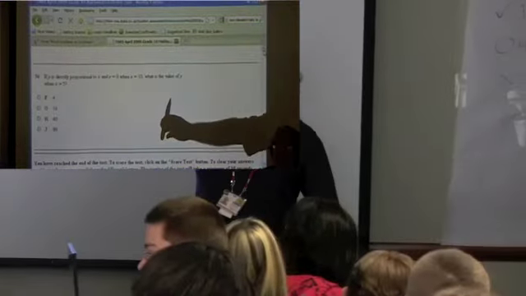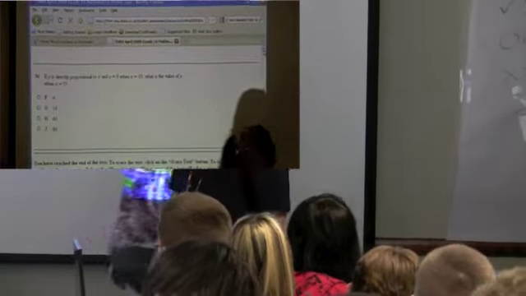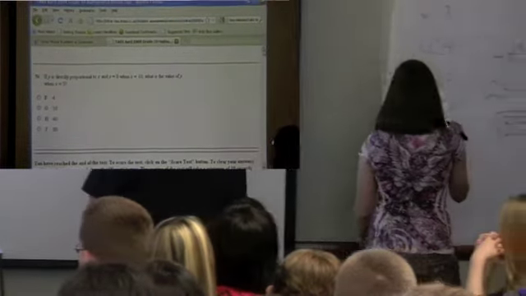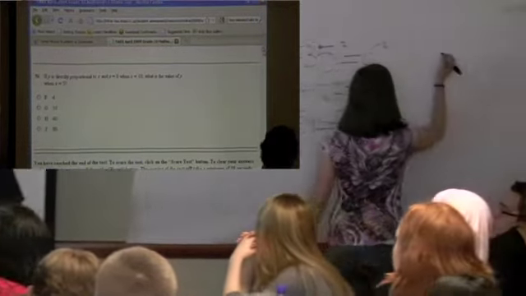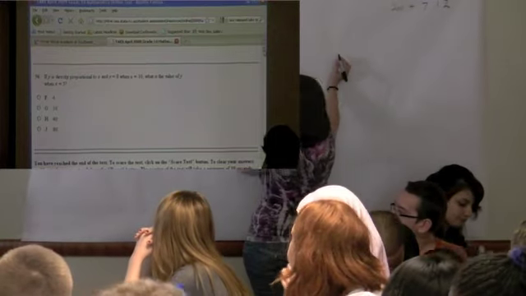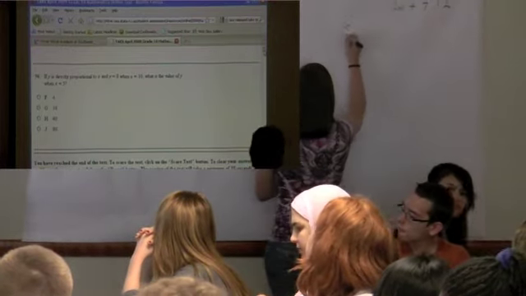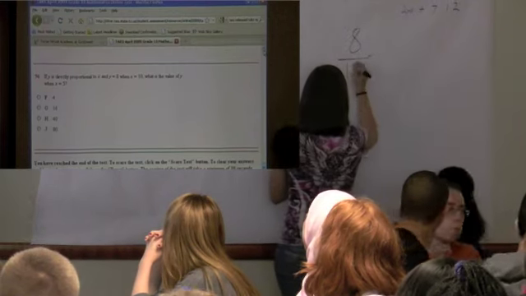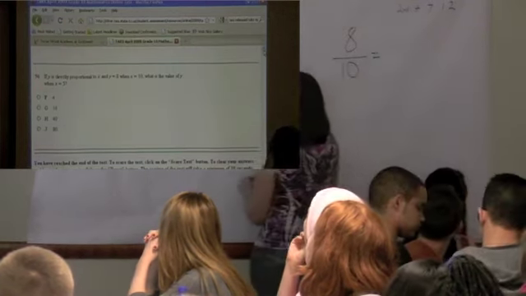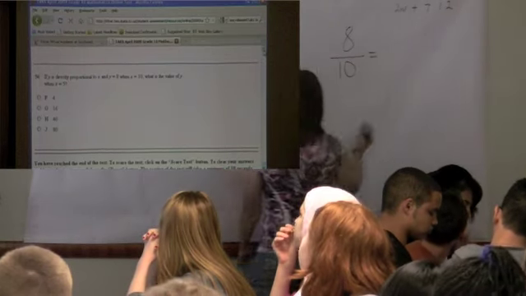Okay. April's going to set up a proportion for us and show us how to work this problem. Your numbers are y is directly proportional to x, y equals 8, x equals 10. What is the value of y when x equals 5?